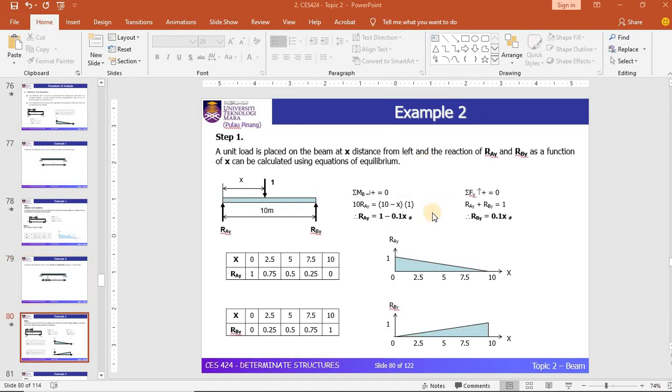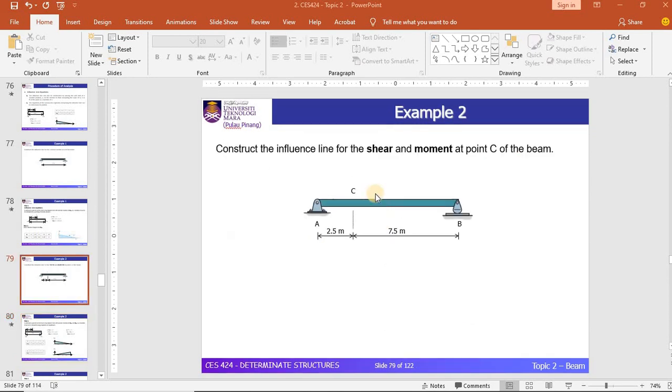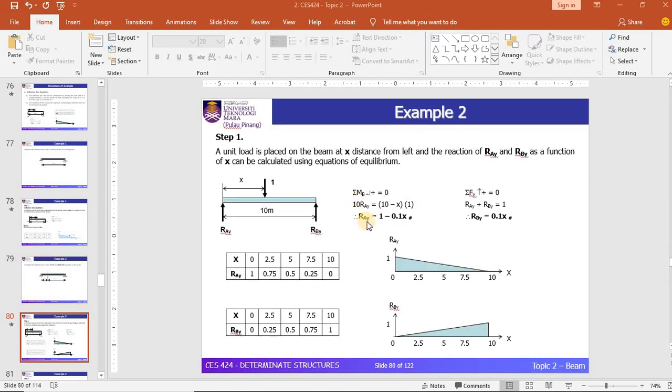But in the first step, you need to get the equation of reaction at support, because we need to use this reaction at support to develop the equation of moment and shear force at point C. I hope that you can figure this out, since we have seen this in example 1.